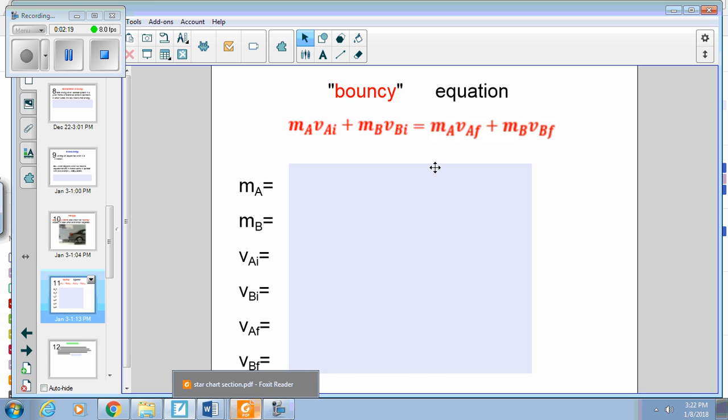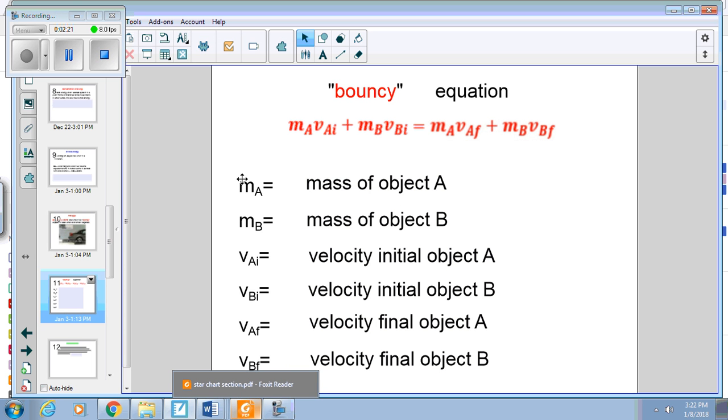And this is one of those situations. Basically, what we have is mass of object A, mass of object B, initial velocity of object A, initial velocity of object B, and then their final velocities, individual, because they are remaining separate.